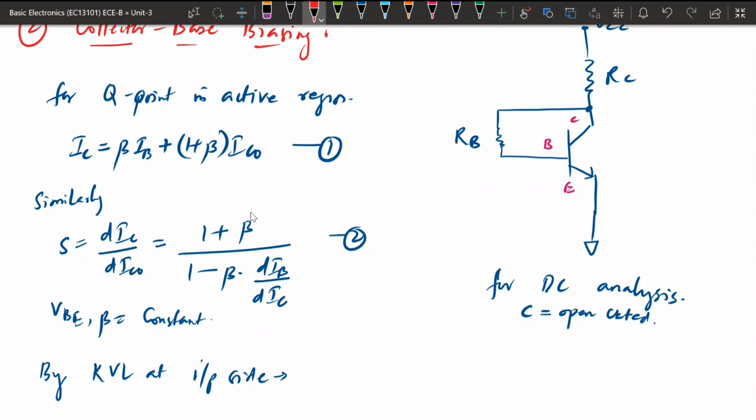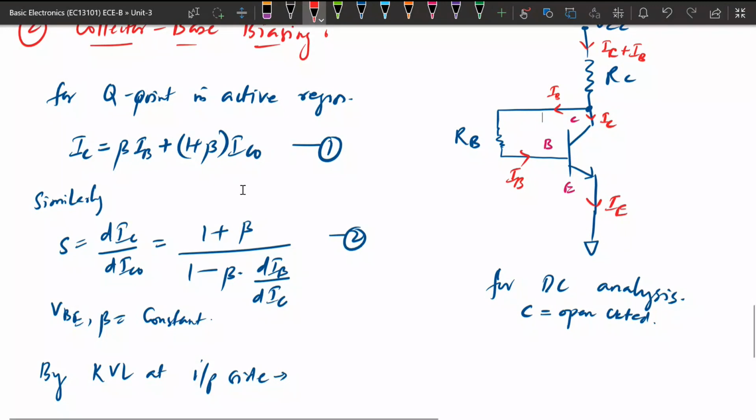This is the emitter current, this is the base current, and this is the collector current. The current passing through this resistor will be both IC plus IB, because at this point this is IB and here this is IC, so the current will be IC plus IB. So IC plus IB will be flowing through this resistor RC.